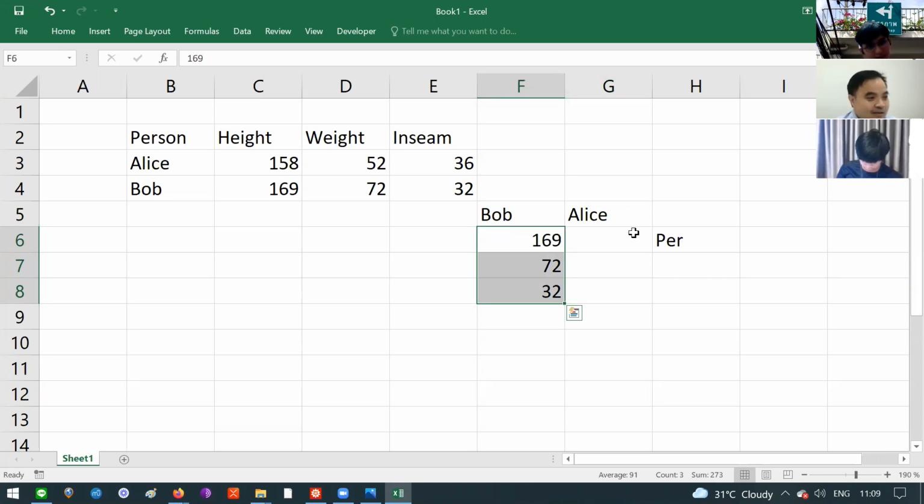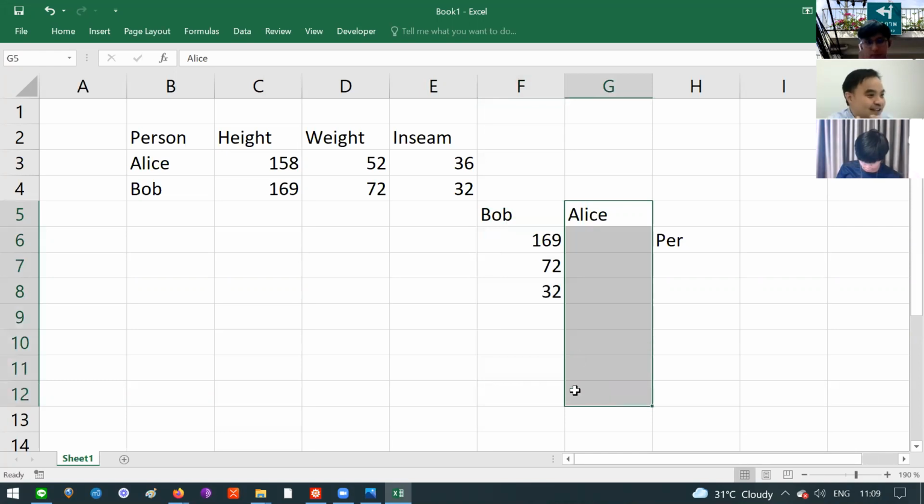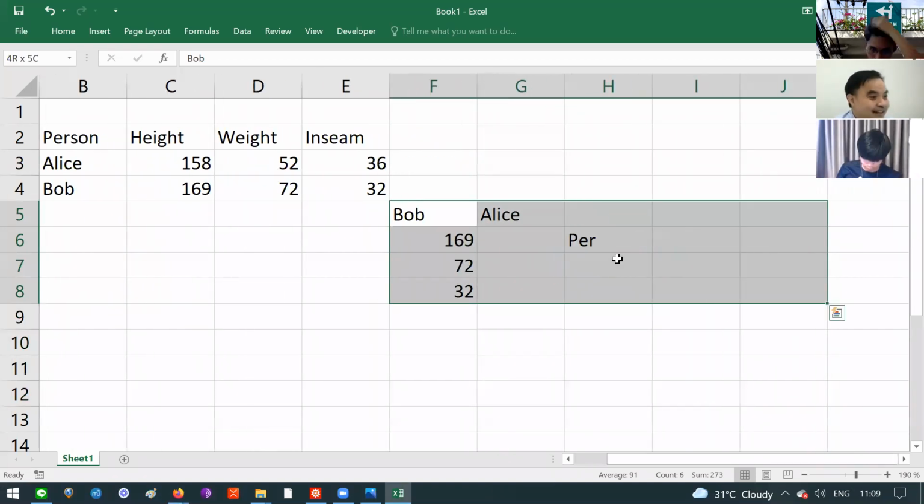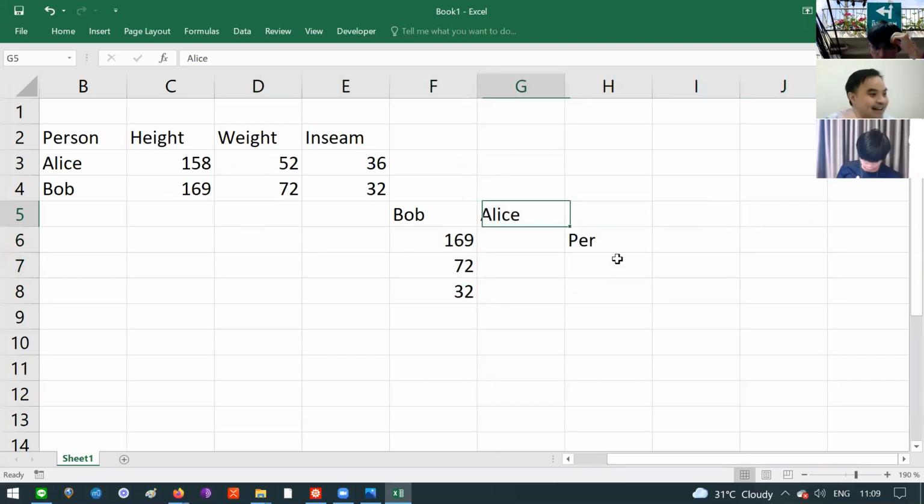The reason is that the dimension is usually small, but the number of items is usually 1,000. So if you did this, you would have to write many columns. And as you know, Excel has a lot more rows than it has columns.